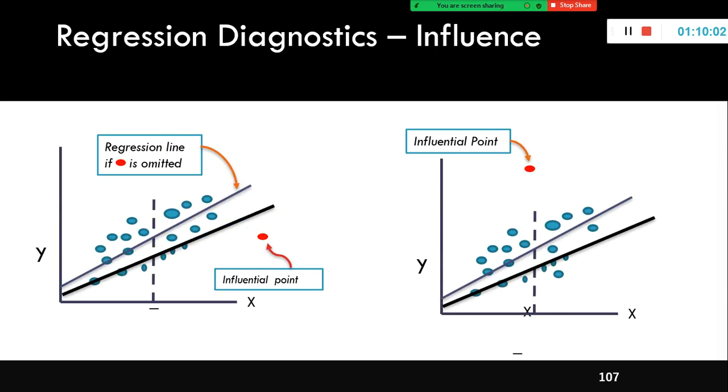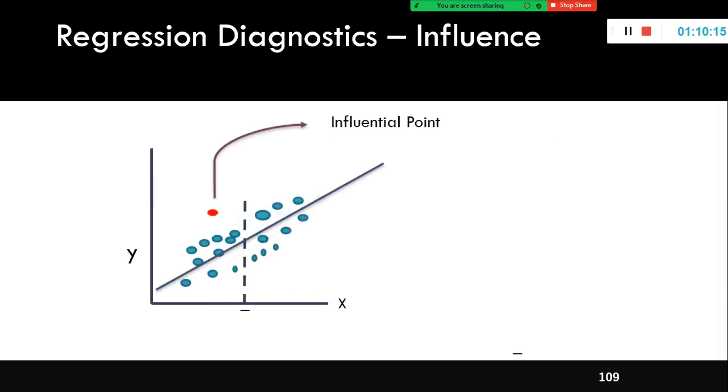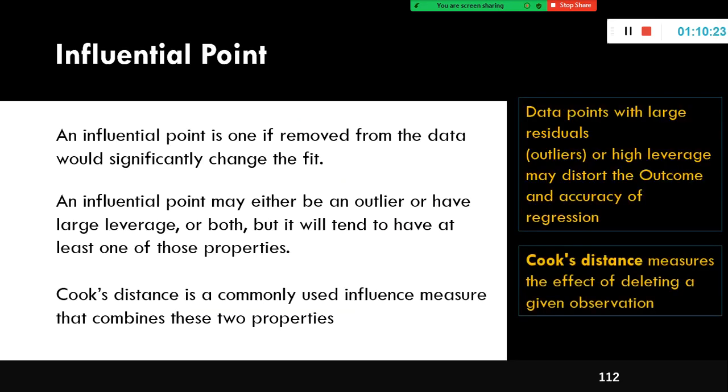And another one is pretty straightforward: it is too far from this one, so it is an outlier and an influential point. This one is an outlier, not an influential point. This is not an outlier, but still it is an influential point. So is there any way I can identify them?